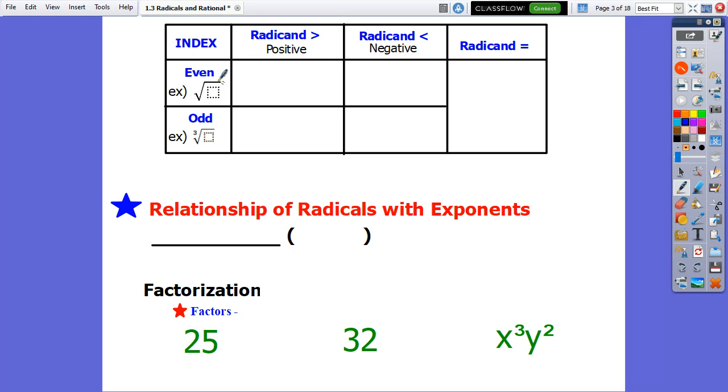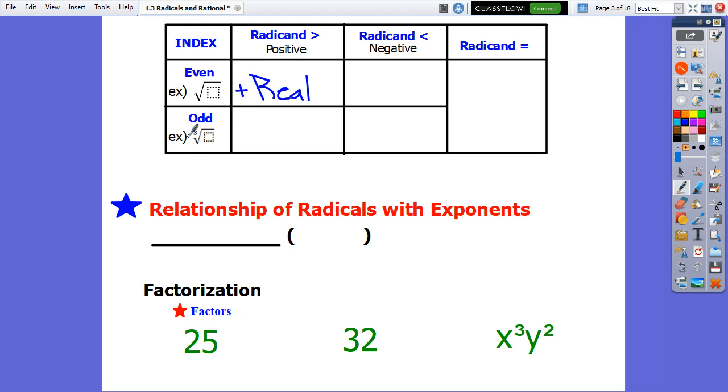If it is positive, then I'm going to get a real solution. It doesn't have to be rational. If the inside's a perfect square, it'll be rational, but it could be irrational if the inside's not a perfect square. This is going to be a positive real solution.